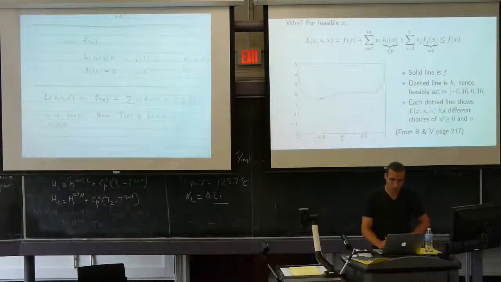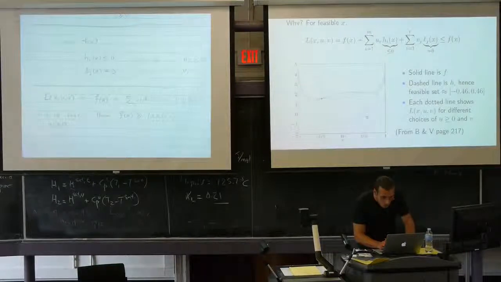I looked at it for different choices of u being positive and v. And you can see that as I vary u and v, this is what I get. I get different lower bounds.